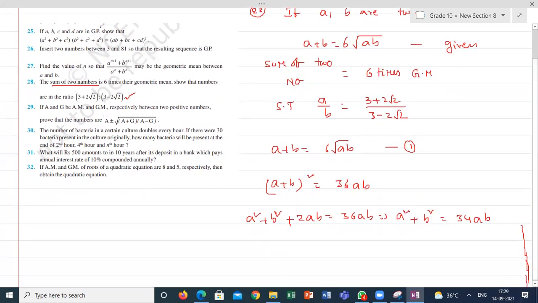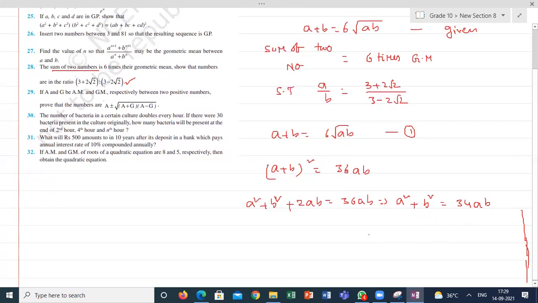From here, if I subtract 2AB on both sides, A square plus B square minus 2AB is 32AB, and this will be A minus B whole square is equal to 32AB.